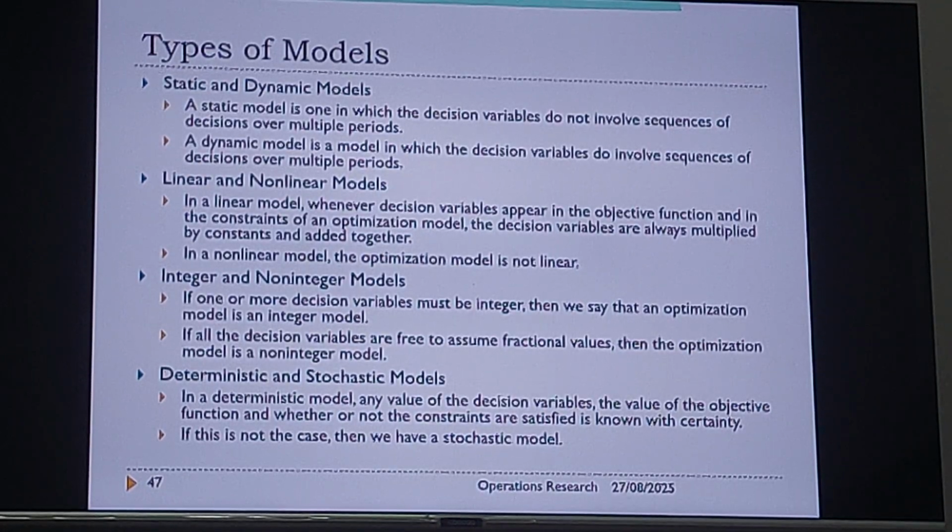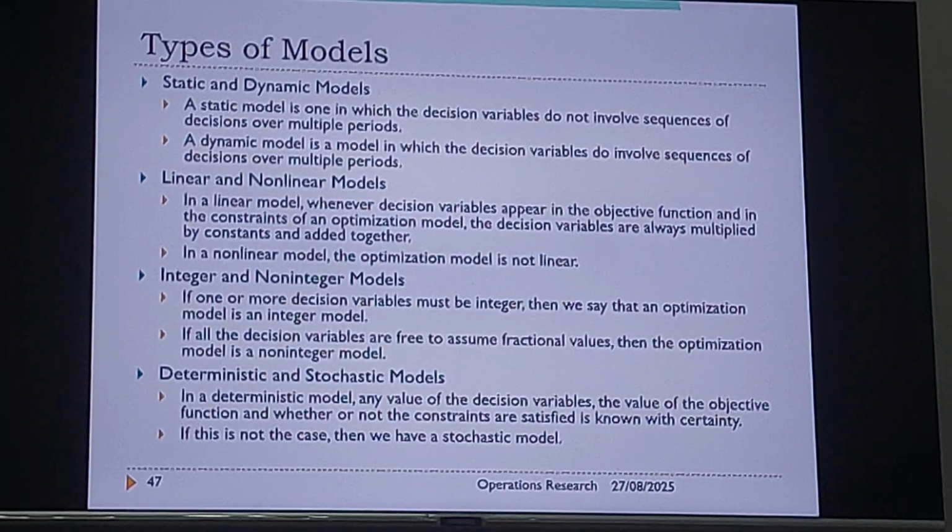But if it's dynamic, you set it for several days, and tomorrow's might be different from today's, because tomorrow's plan depends on today's. If today we send a lot to this warehouse, then tomorrow we might not send a lot. So the decision will be multi-level, with multiple variables.